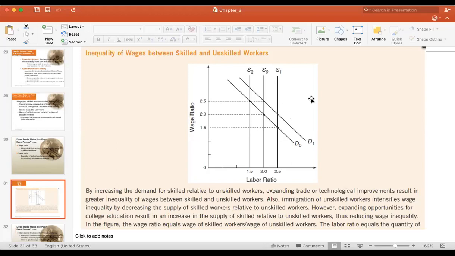Okay. How about if we have an increase in immigration? More unskilled workers coming in. What would that do to the wage gap?